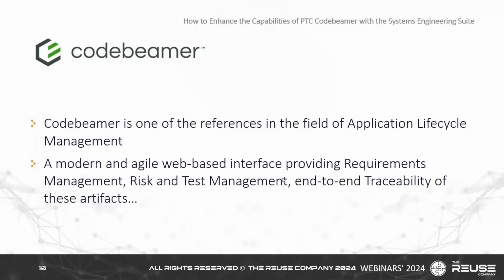It includes a very modern and agile interface via web browser, providing requirements management, risk management, test management, and of course end-to-end traceability for all these aspects that have been managed, like risk or test or requirements. This is one of the topics that we will cover today: how to extend this end-to-end traceability when it comes to tracing beyond the limits of Codebeamer.